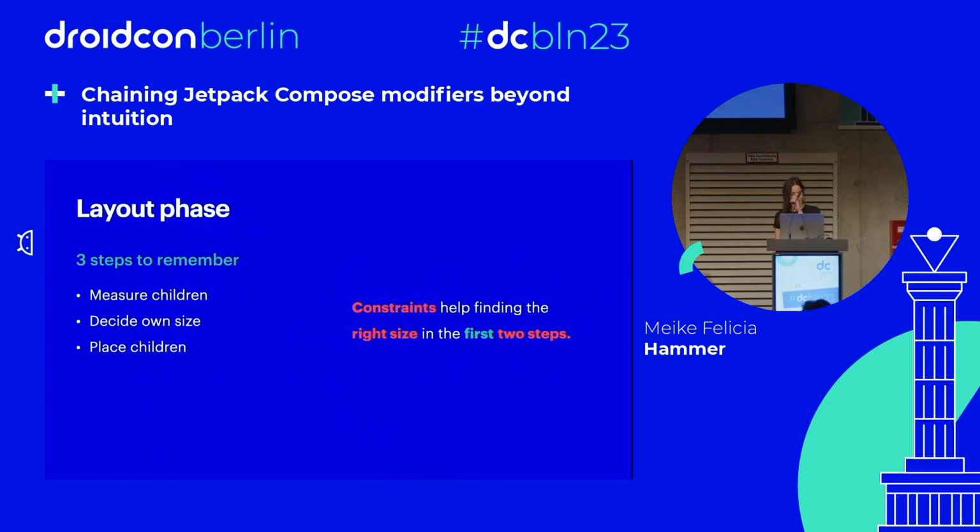Why is it important to know about phases, and especially the layout phase? There's an algorithm with 3 steps which are important to remember, because each layout node will first start measuring its own children, then deciding its own size, and finally placing its children. So that's the process for each node.